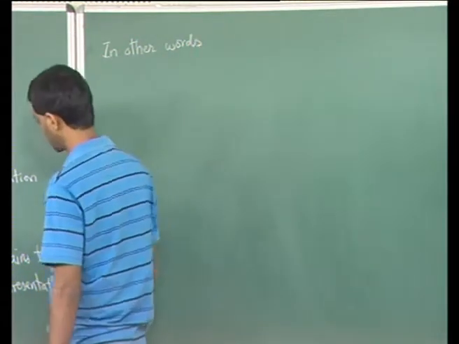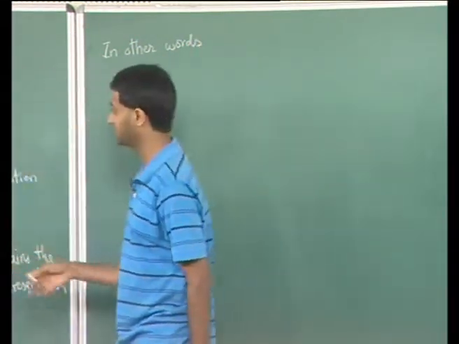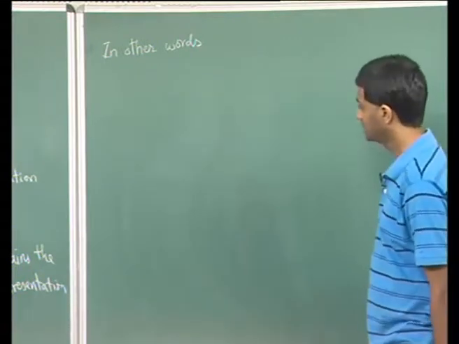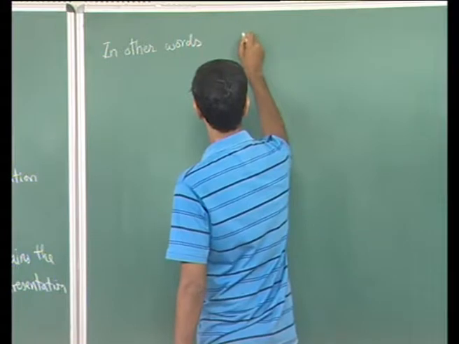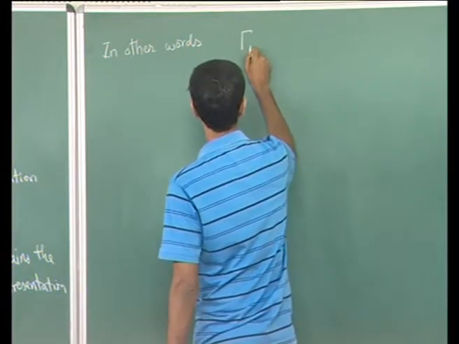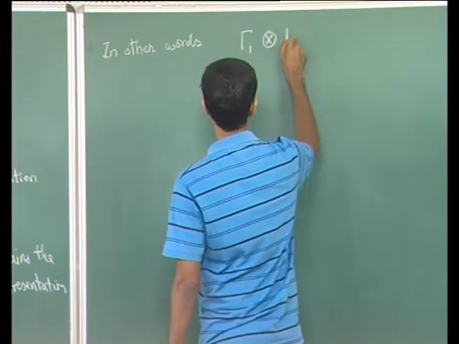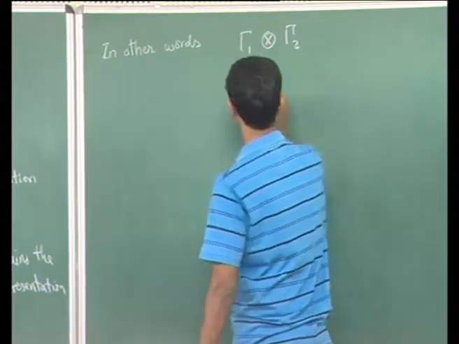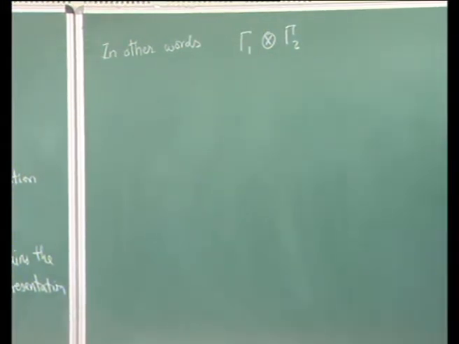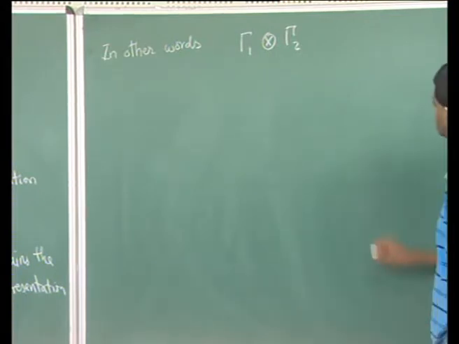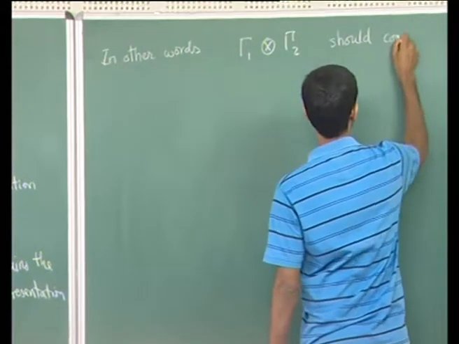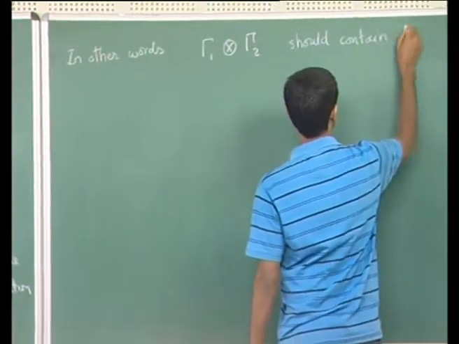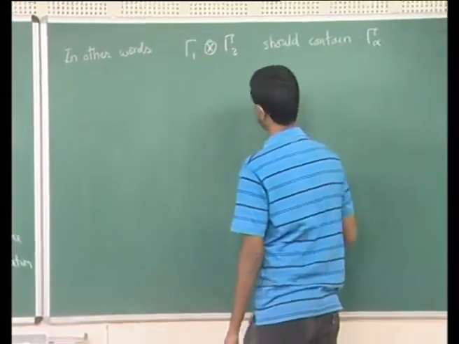using again the theorem we had about direct products, in other words, your gamma 1 cross gamma 2, this direct product, should contain gamma alpha.